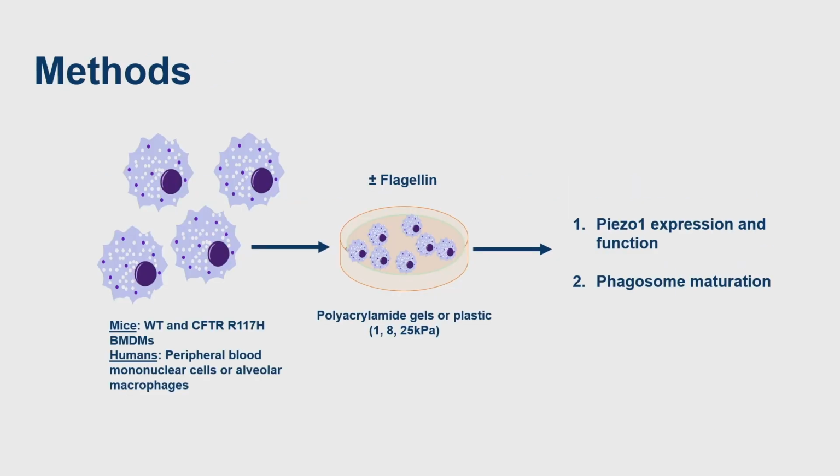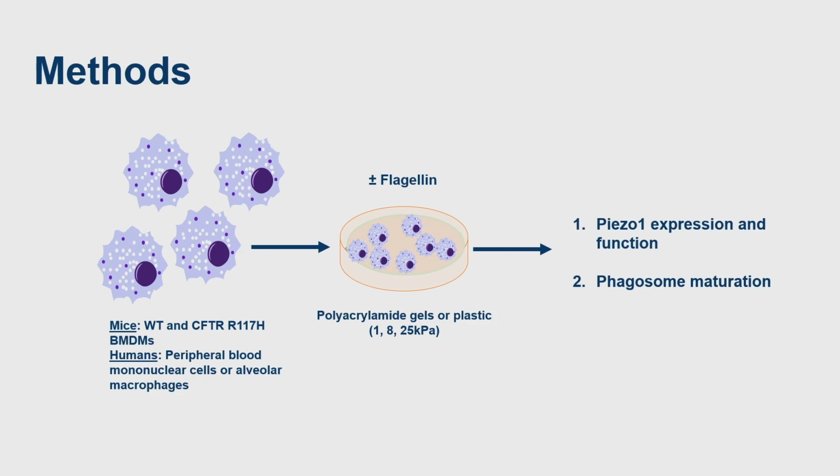And to try to test this hypothesis, we examined a few different groups of macrophages. We looked at both wild-type and CFTR mutant bone marrow-derived macrophages. We looked at the R117H mutation, which leads to impaired chloride conductance. And then we also had cystic fibrosis, as well as healthy control peripheral blood mononuclear cells, as well as healthy human alveolar macrophages.